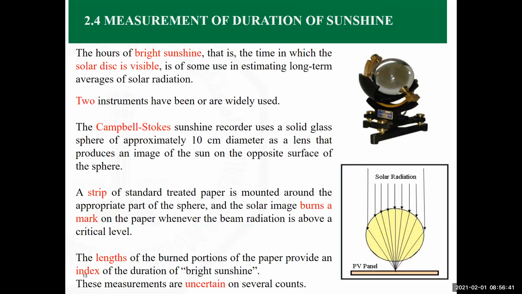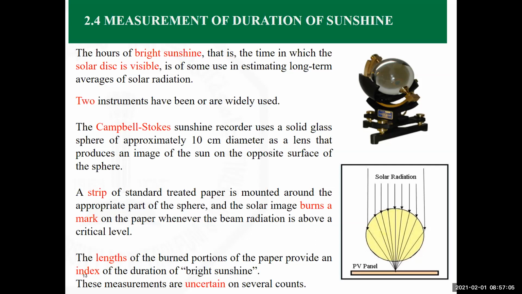You can see a glass here with a 10 centimeter diameter, and it produces an image of the sun opposite to a surface here. It's as if it's collating the amount of energy coming from the sun into a certain point. Using a special type of paper, this leaves a burning trace.